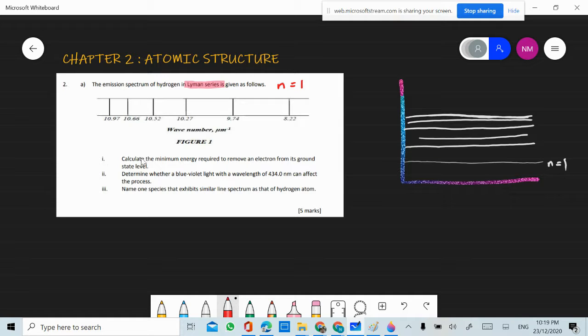And the first question is, calculate the minimum energy required to remove an electron from its ground state. Minimum energy required to remove an electron: if you remember, this is the definition of ionization energy.